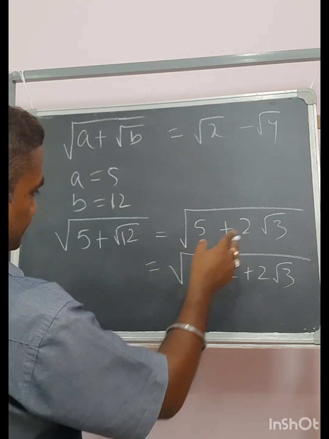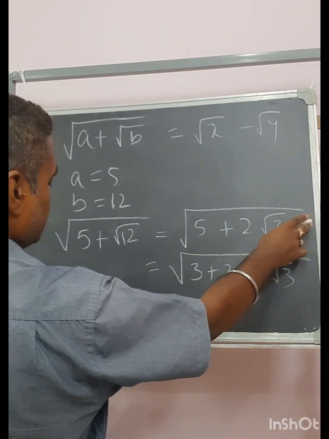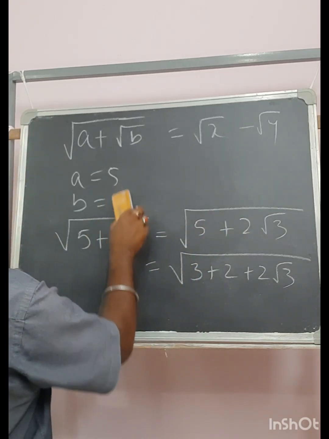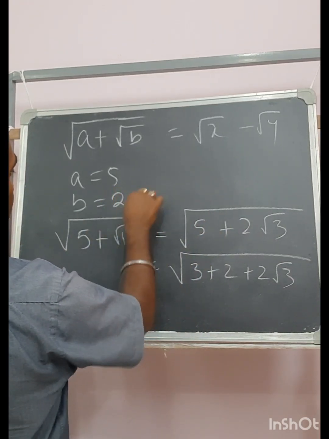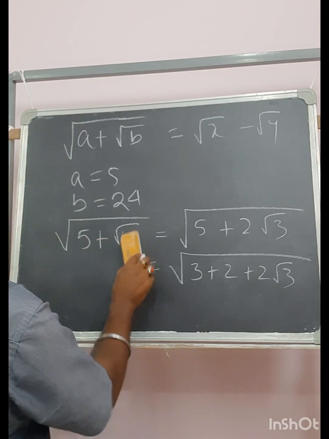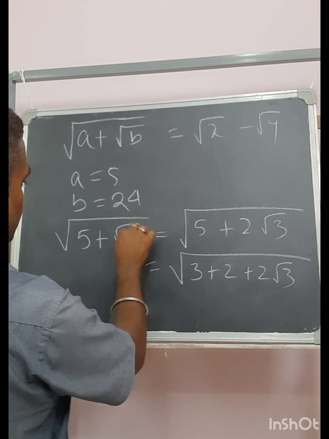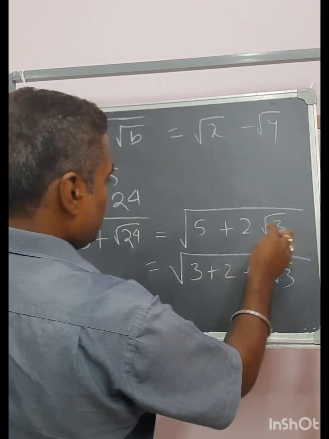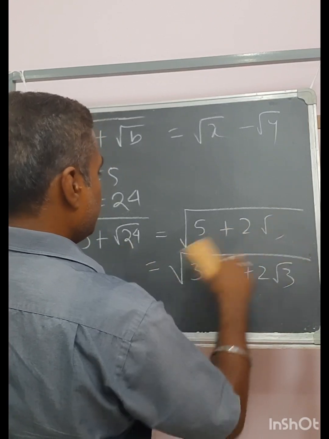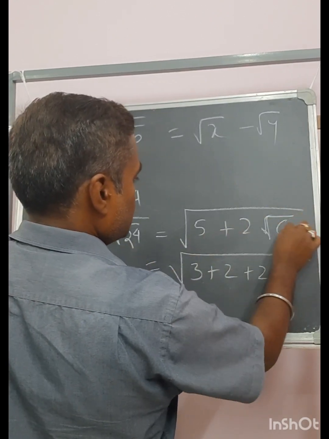I will take 24 for the sake of calculation, to make you understand. So this will give you 4 into 6, that means under root 6.